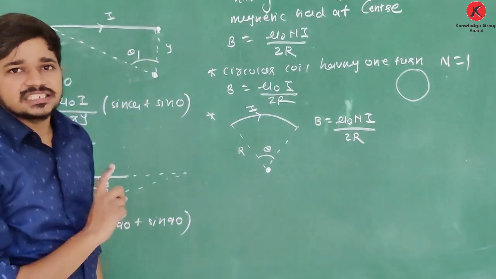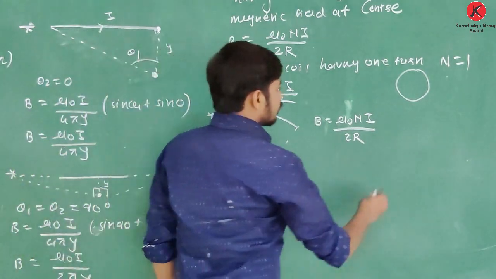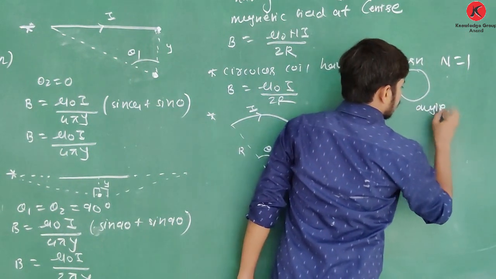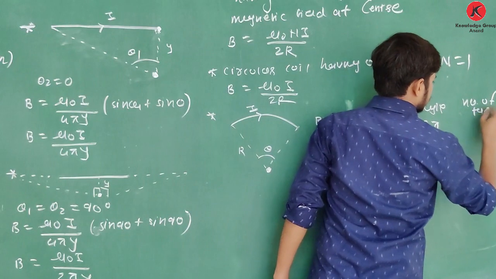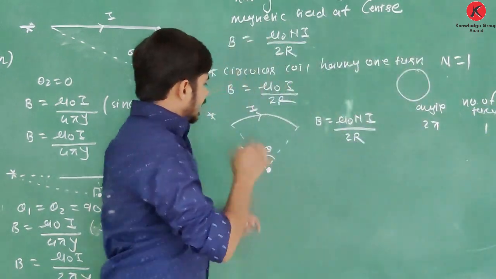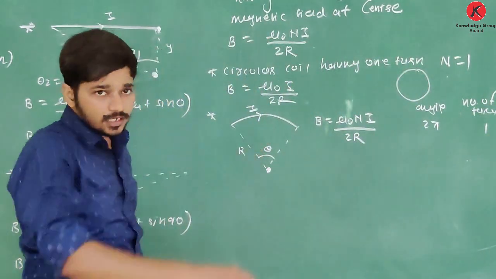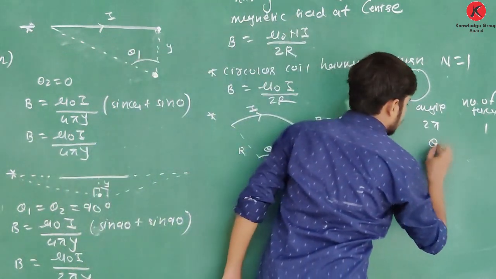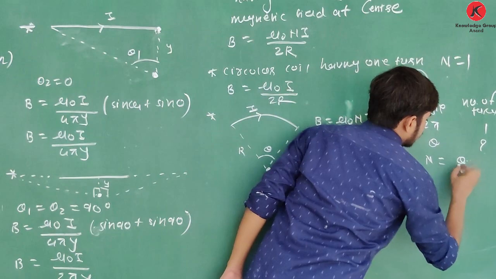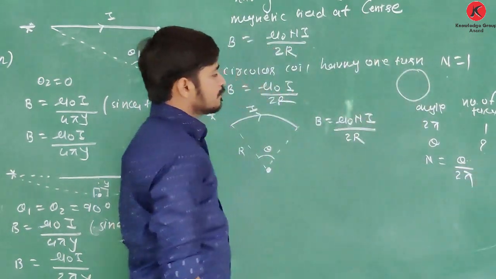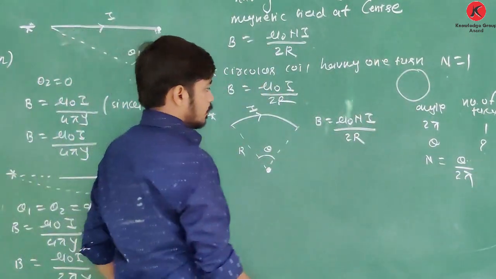So yes, if you have angle 2 pi, then the number of turns is equal to 1. Here the arc subtends angle theta, so for angle theta, the number of turns, n is equal to theta upon 2 pi.